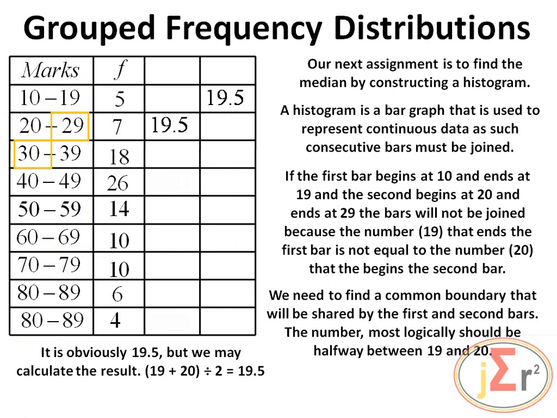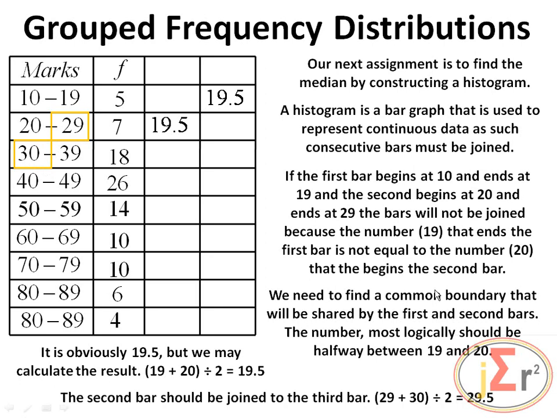The number that ends the second class must be the number that begins the third class. And of course, they are going to join hands halfway. So we'll have 29.5 to end the second class and 29.5 to begin the third class. And of course, if we want to be mathematical about it, we are going to say what? 29 plus 30 divided by 2, and that is equal to 29.5. So that is going to end the second bar and begin the third bar.